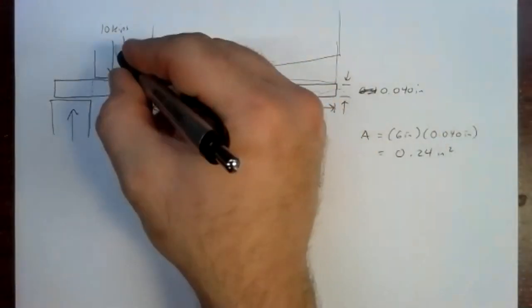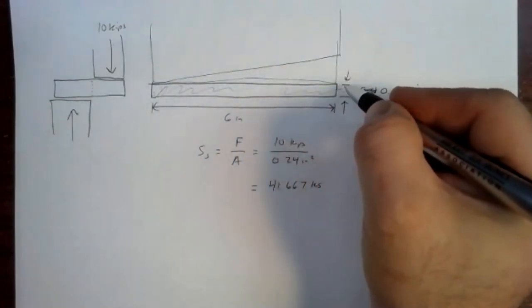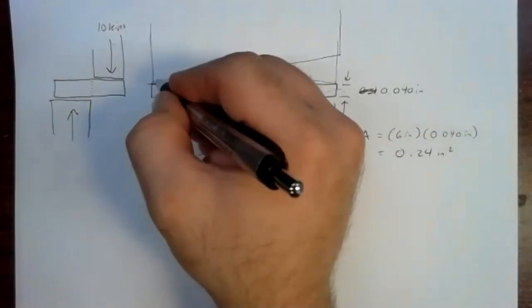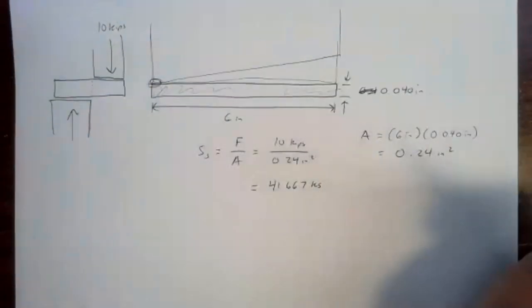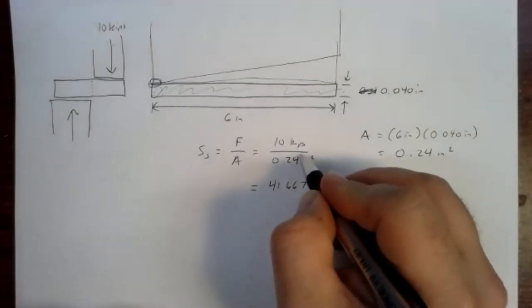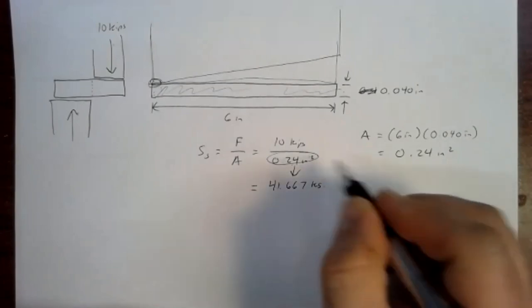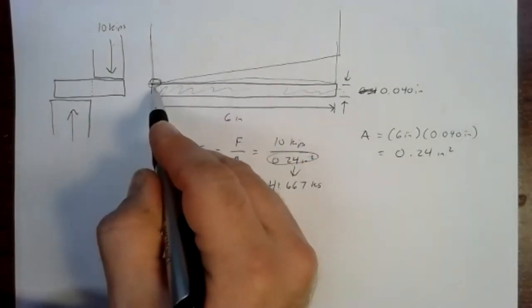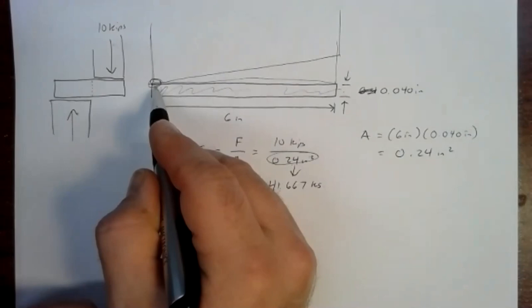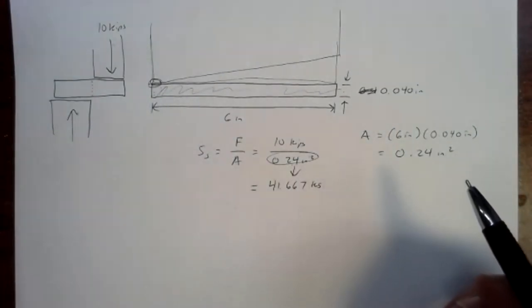Instead of applying that 10 kips of force over the entire area, it's applying that 10 kips of force right there on a fairly small area. What it's effectively doing is driving this area way down, because now it's only maybe contacting over something about the thickness of the material. So maybe 40 thousandths of an inch by 40 thousandths of an inch.